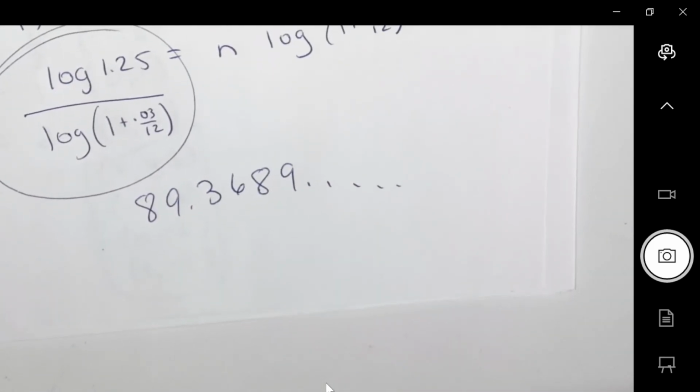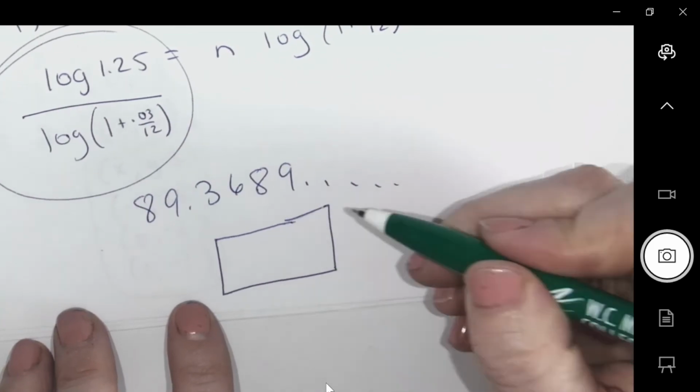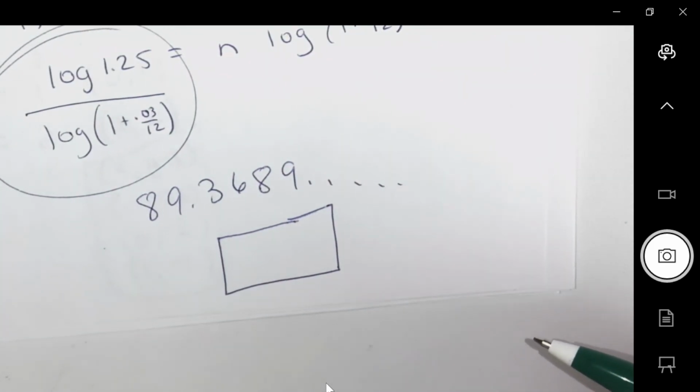I'm getting 89.3. But what's my answer going to be? How many payments am I going to make at the bank until I have that much money? How many months is it going to take? Or how many payments am I putting in the bank?